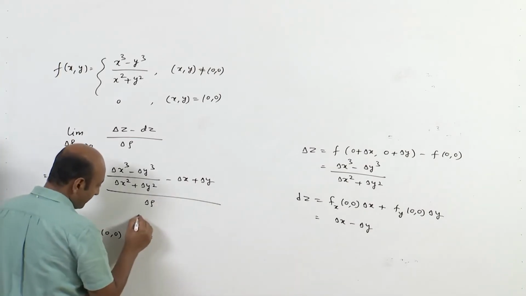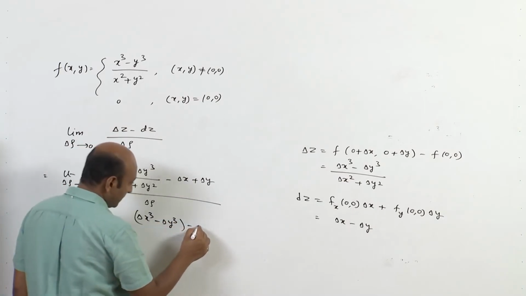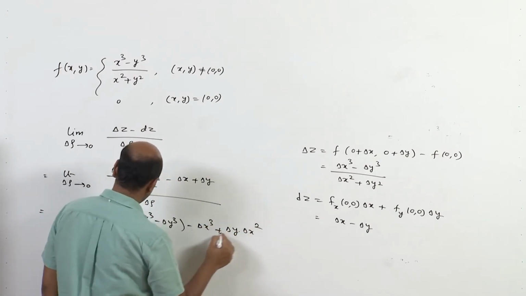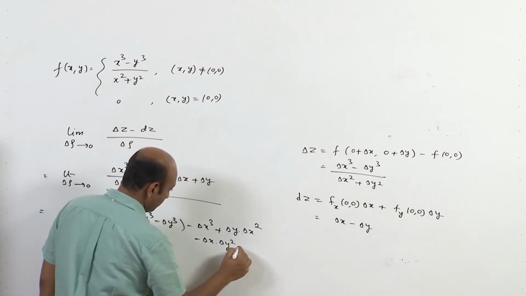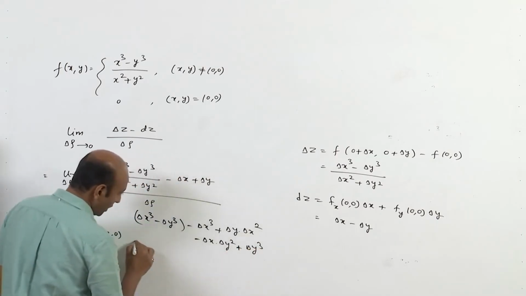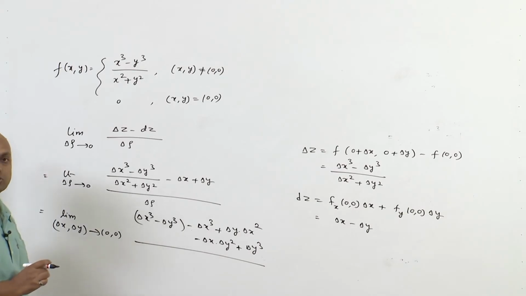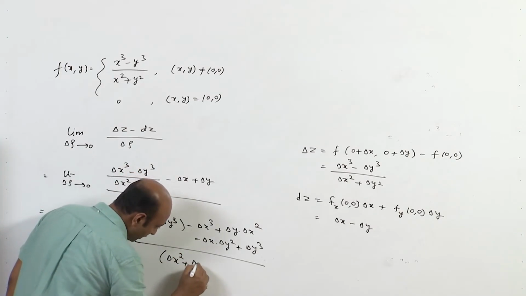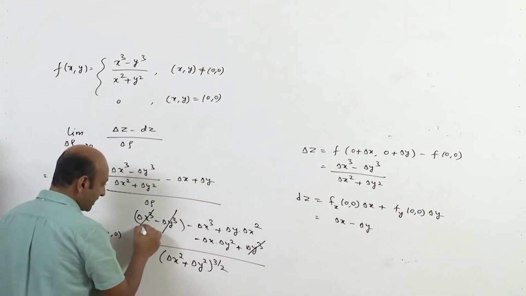And this will be delta x cube minus delta y cube, minus delta x cube plus delta y into delta x square, okay, then minus delta x into delta y square and plus delta y cube, and whole divided by delta x square plus delta y square whole raised to power 3 by 2.